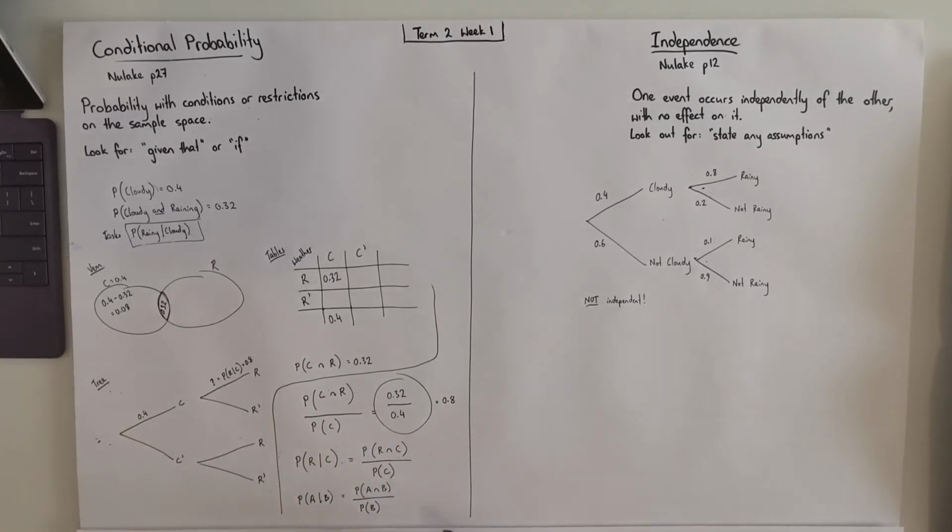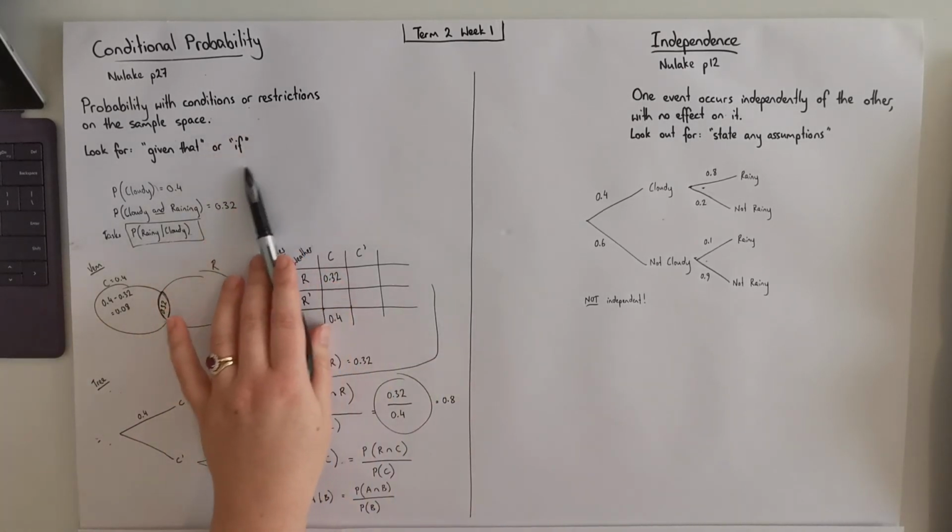We can, of course, go a couple of steps further to actually show this mathematically. Rather than just saying in words that it's not the same if it's cloudy or not, as to whether it's going to be raining or not, we can take that a step further and note the conditional language. Remember, given that, or if.